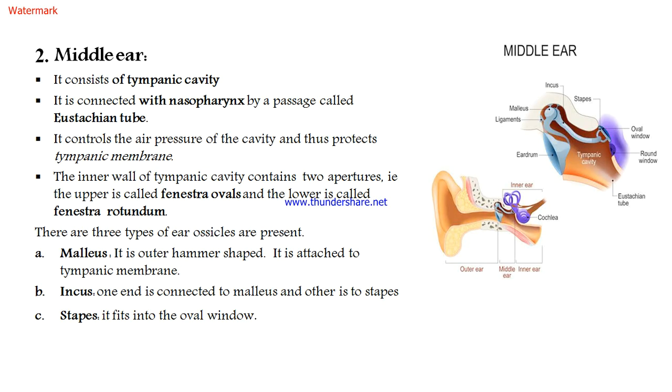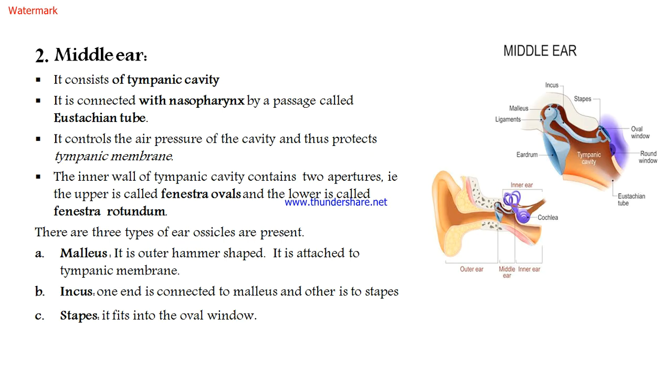Next, the second part is the middle ear. The middle ear consists of a tympanic cavity. You see in the diagram, this is the tympanic cavity.